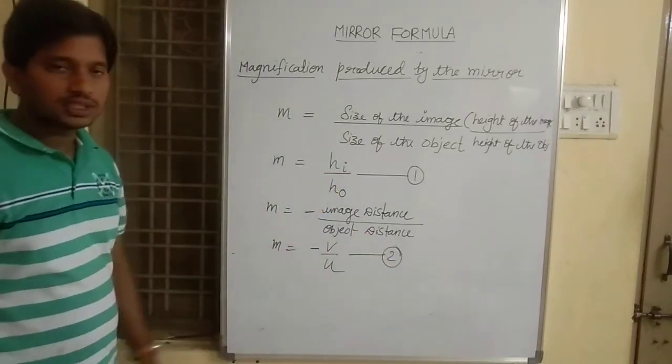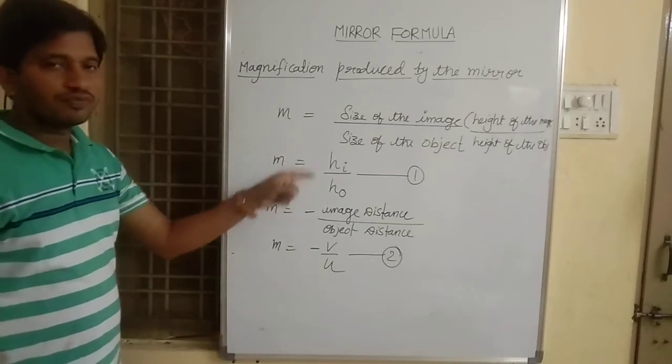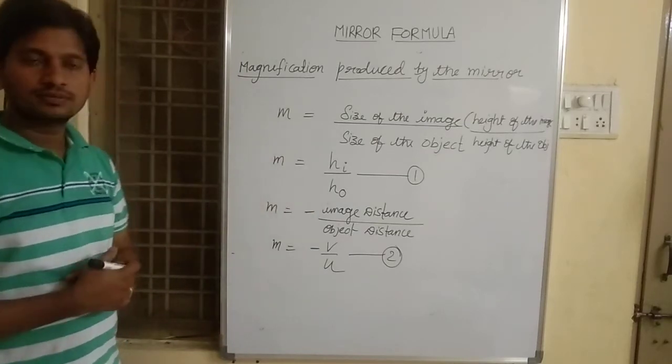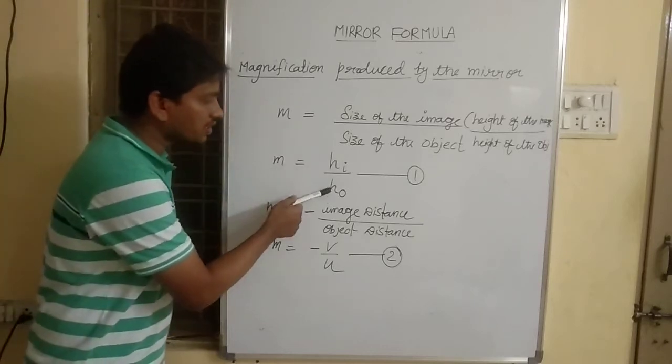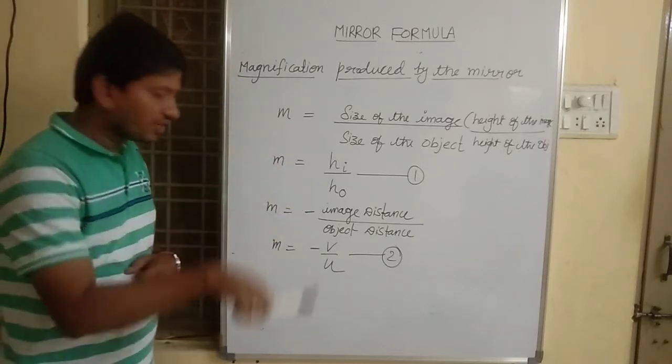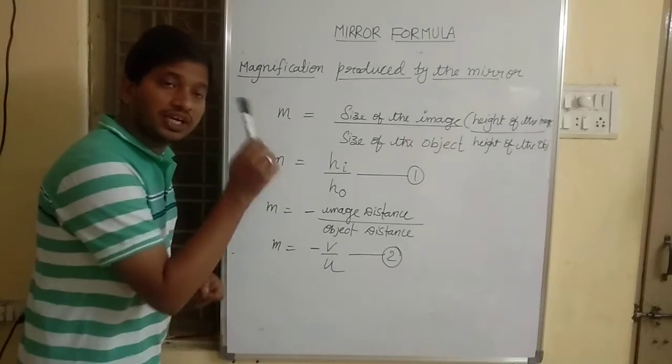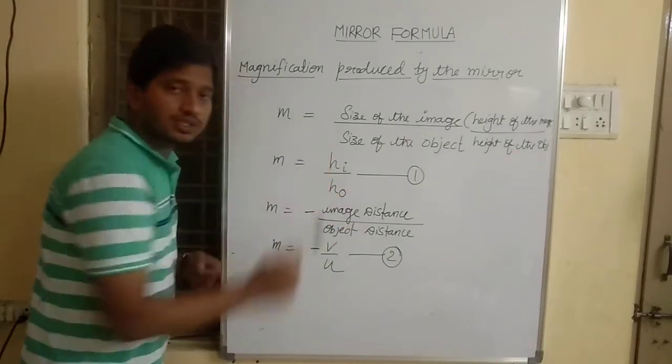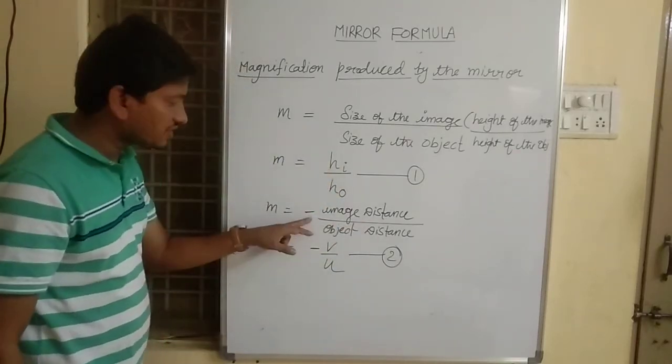The first definition is the ratio of size of the image to the size of the object. That's why M equal to Hi by Ho. And the second definition is that it is also the ratio of image distance to the object distance with a negative sign.